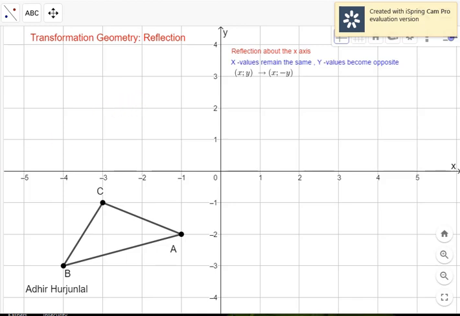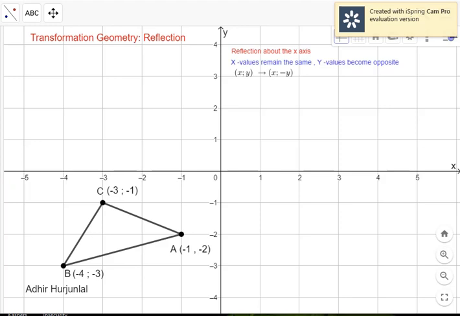Before I even begin, I'm given a triangle ABC. I need to ascertain what the coordinates are. A is given as coordinates (-1, -2), where the x value comes first and then the y value. If I go on further, I have the coordinates of B and I have the coordinates for C. The simple rule that I had applied when dealing with this specific section is (x, y) becomes (x, -y).